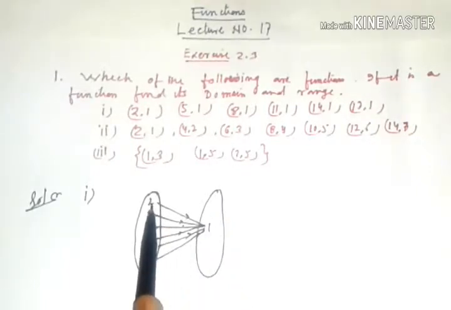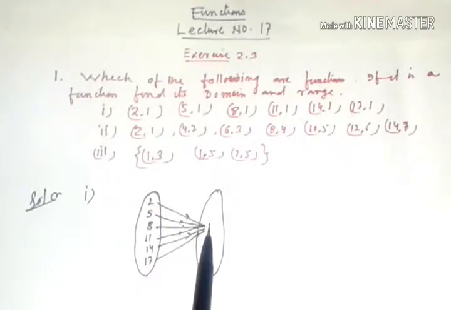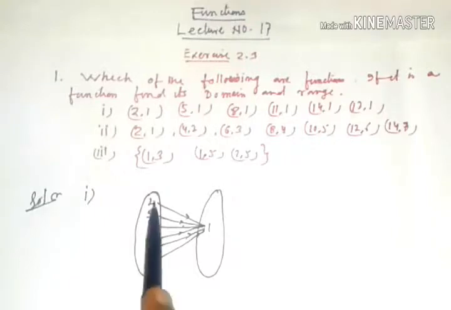The number of images of the element 2 is 1. Number of images of the element 5 is 1. Number of images of element 8 is 1. Similarly, element 11 has 1 image in the codomain. So every element of domain has only one image in codomain.